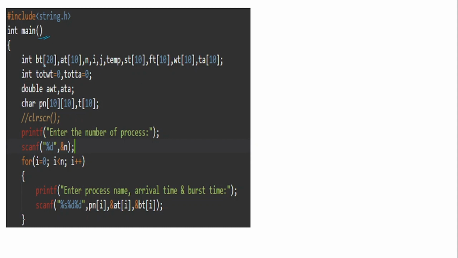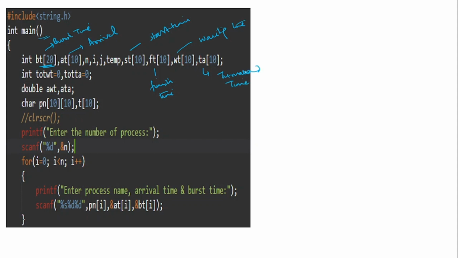I have one array which is the burst time array. One array I have made of arrival time. This array is of the start time. This is the finish time or the completion time. This is the waiting time. And then finally I have the turnaround time.